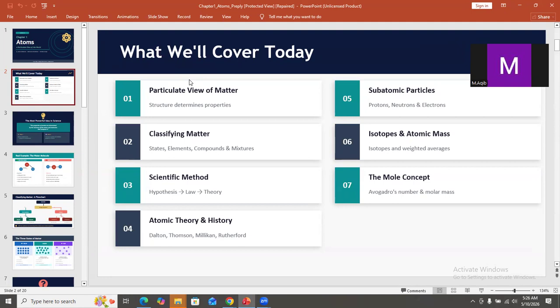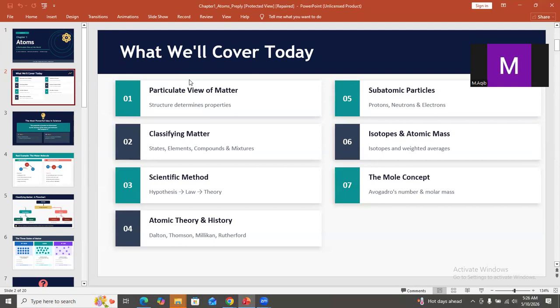And once we cover all that, we are going to study the atomic theory and the history of atomic theory. How did scientists come to know about the substance called the atom? What is an atom exactly, and how did they know that there is a thing called an atom? First, we're going to study how exactly they discovered the atom.